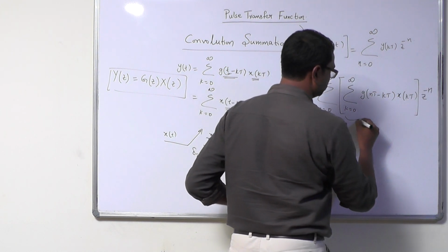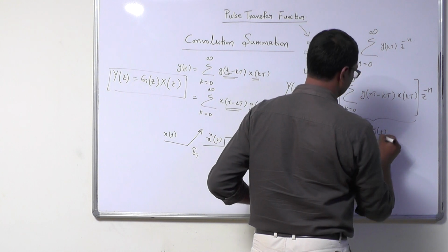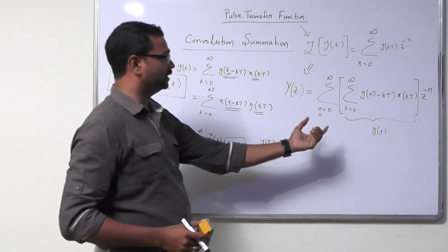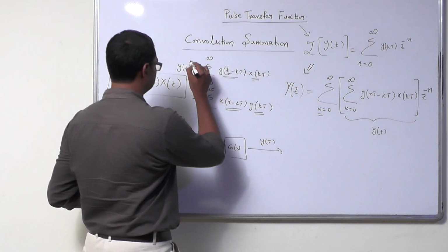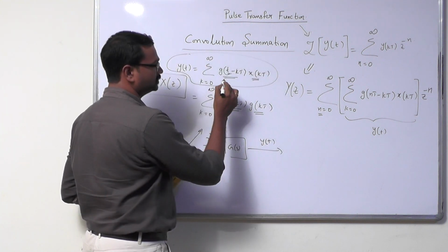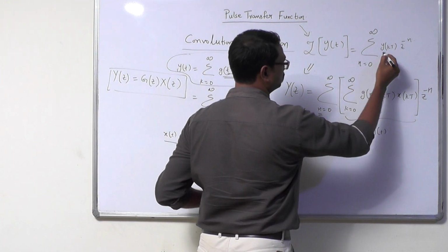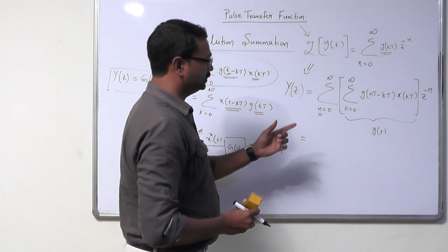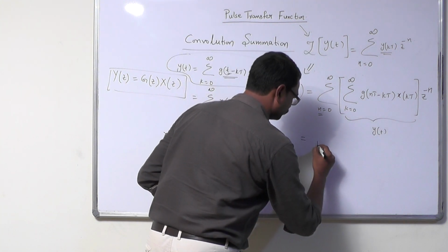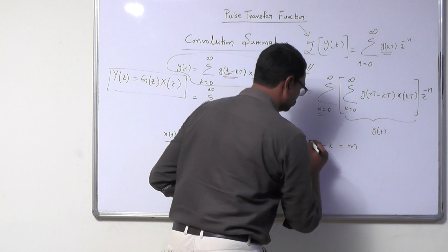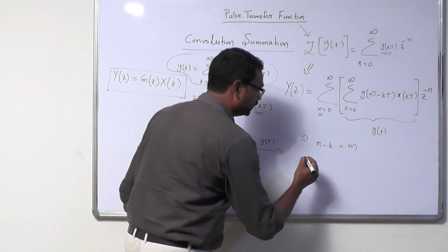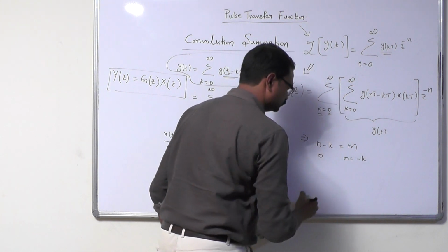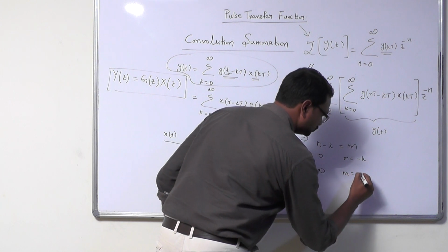So this is the term that is replaced here instead of y of nt. With this in mind, you can just see that here I have n minus k. Let me say n minus k is equal to m. Then when n is equal to 0, m is equal to minus k, and when n is equal to infinity, m is equal to infinity.